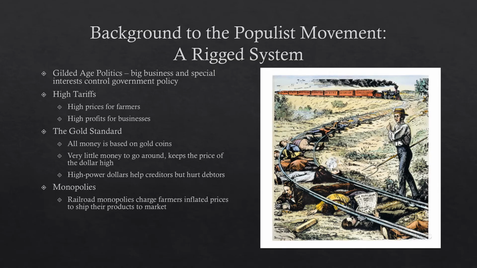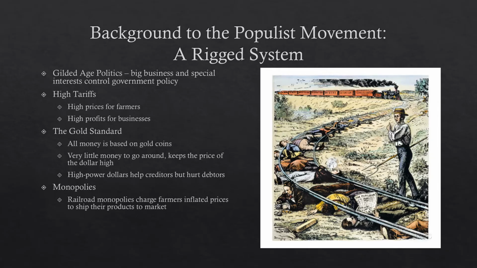On top of this, the economic system during the Gilded Age, as we've already talked about, was pretty unfair and was largely rigged in favor of the wealthy and the big businesses in the United States. So as we already mentioned, Gilded Age politics was largely dominated by big businessmen and lobbyists and trusts and stuff like that.